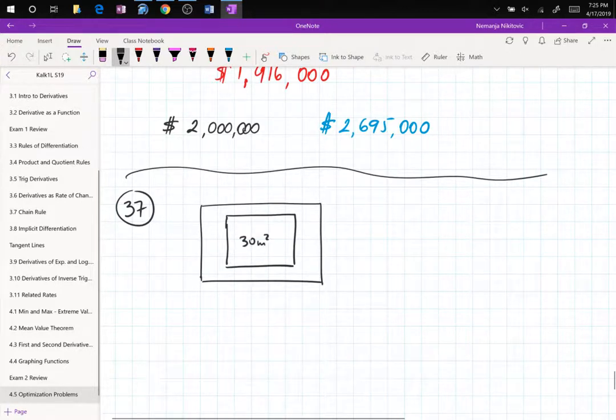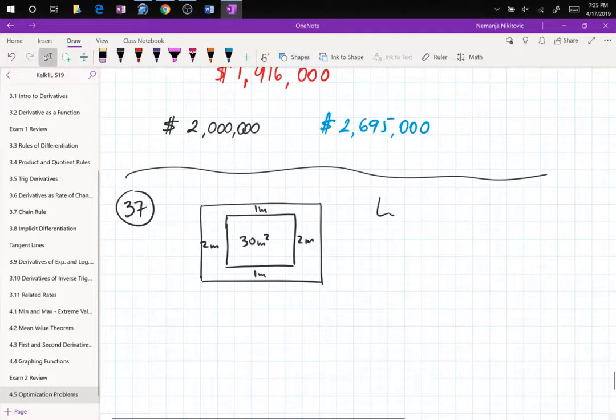It's very tiny, it's a pond. You're building this for a frog. It's surrounded by grass border of 1 meter wide and 2 meters wide on sides. What dimensions of the garden minimize the combined area with the borders?